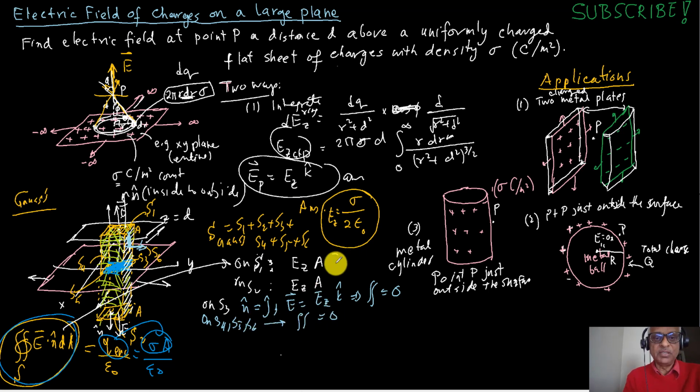So these are only 2 integrals. So you get 2 times EZ times A equals sigma A over epsilon naught. Okay, so the A was arbitrary and cancelled out. So this gives me EZ equal to sigma over 2 epsilon naught.